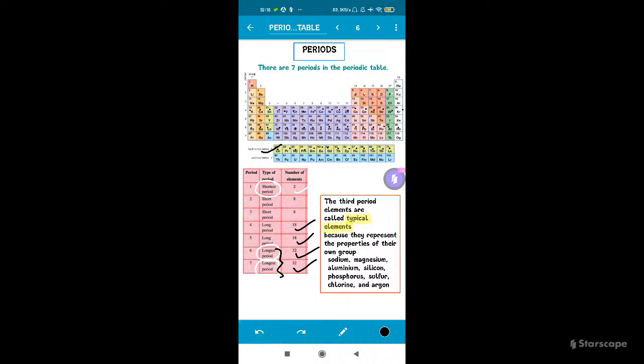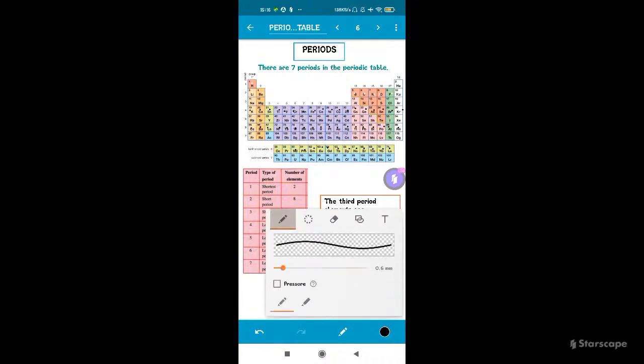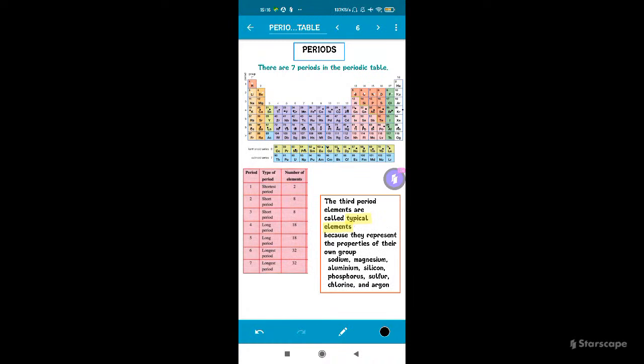Now talking about another important thing which is very useful in understanding the periodic table. As you can see the third period, let us see what are the elements present in the third period. We have sodium, magnesium, aluminium, silicon, phosphorus, sulfur, chlorine and argon.